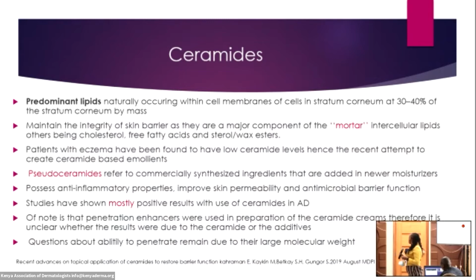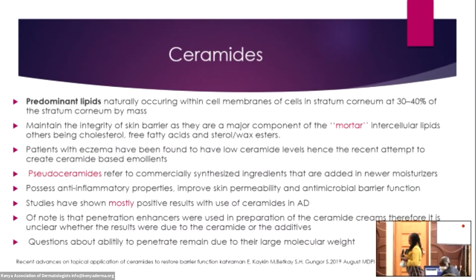When it comes to ceramides, they are one of those products which have become the talk of town. They are predominant lipids which naturally occur within the cell membrane in the stratum corneum at around 30 to 40%. They usually maintain the integrity of the skin barrier and are a major part of what we call the mortar in the brick and mortar of the stratum corneum.